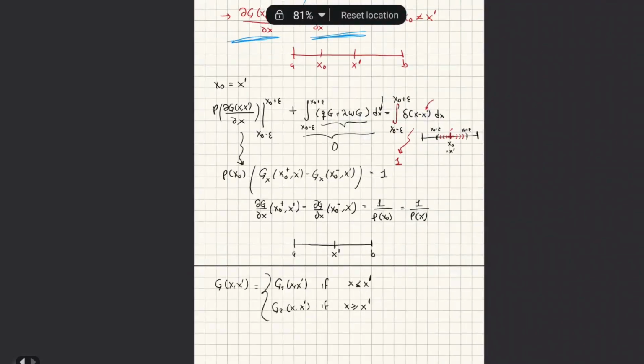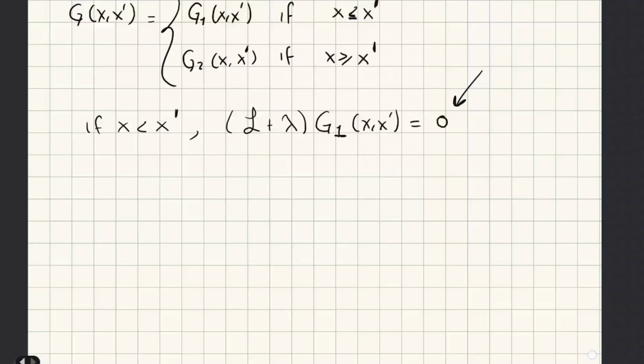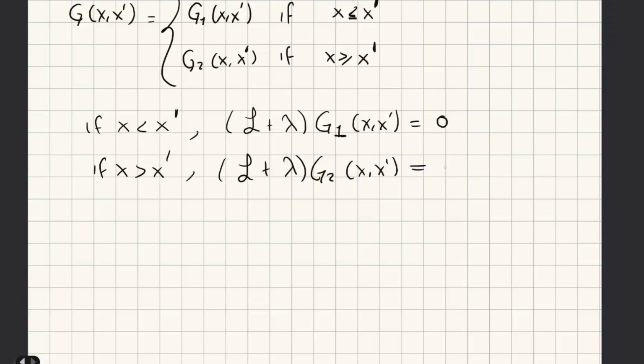So if x is less than x prime, we have that L plus lambda times g1, which is the function defined below x prime, should be equal to 0. Again, we do not write the Dirac delta because we are not at the value x prime. And then if x is greater than x prime, L plus lambda times g2 of x comma x prime should also be equal to 0. Okay.